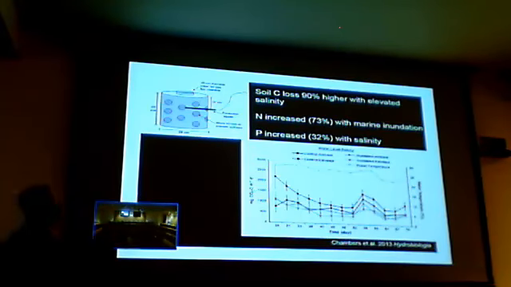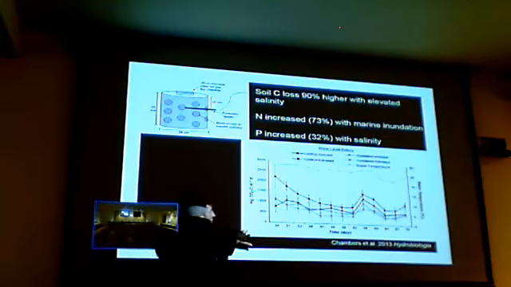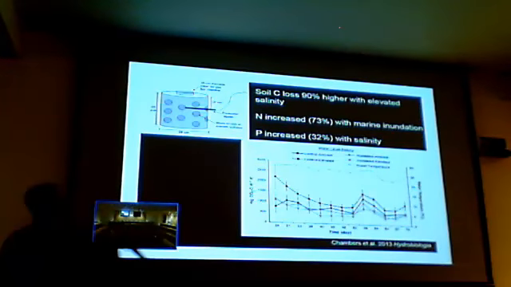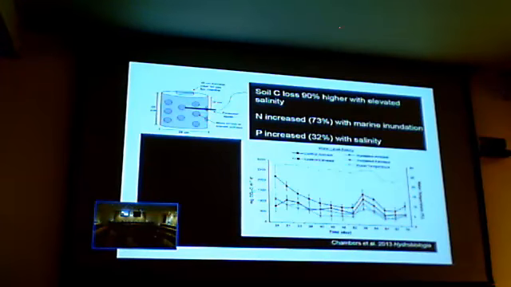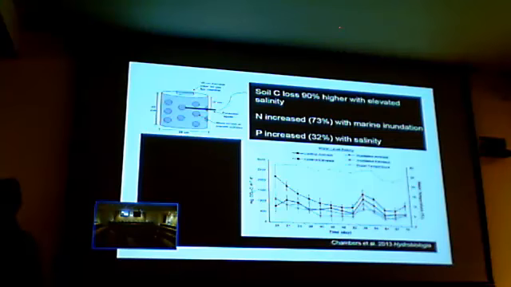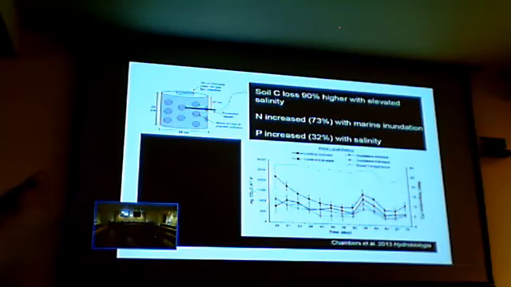One way to do this, work that's been done by Lisa Chambers, Steve Davis, Tiffany Troxler, and others, is just to look at how mangrove peat soils differentially respond to increases in salinity and increases in inundation of water depth. In this experiment, they took soil cores, fitted them with gas collars and all sorts of other measurements for looking at the biogeochemistry.